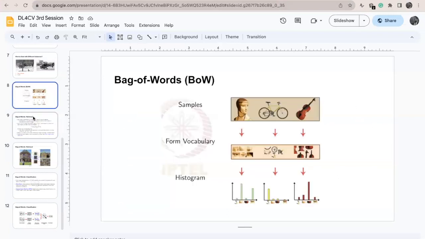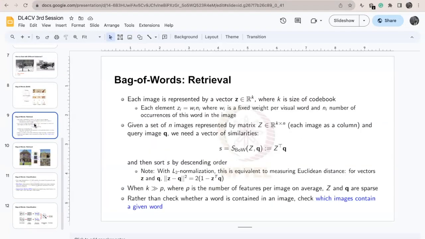We take the eye, and we give a score to the patch that contains the eye. We go to the codebook representation vector, to the value that corresponds to the eye patch, and we set that value to the weight corresponding to the eye patch times the number of occurrences of that eye patch in the image.